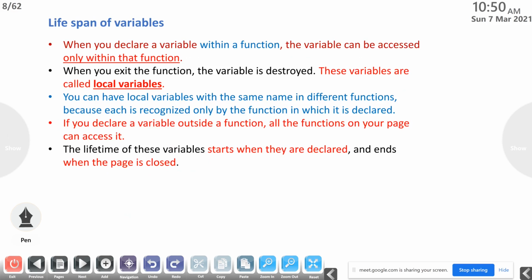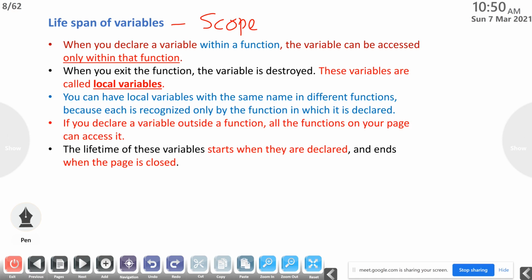Okay. Then the lifespan of a variable. All of you are familiar with this lifespan or scope of a variable. Scope, S-C-O-P-E, scope of a variable or lifespan of a variable. When you declare a variable within a function, we will discuss functions later. If you are declaring a variable within a function, the variable can be accessed only within that function.